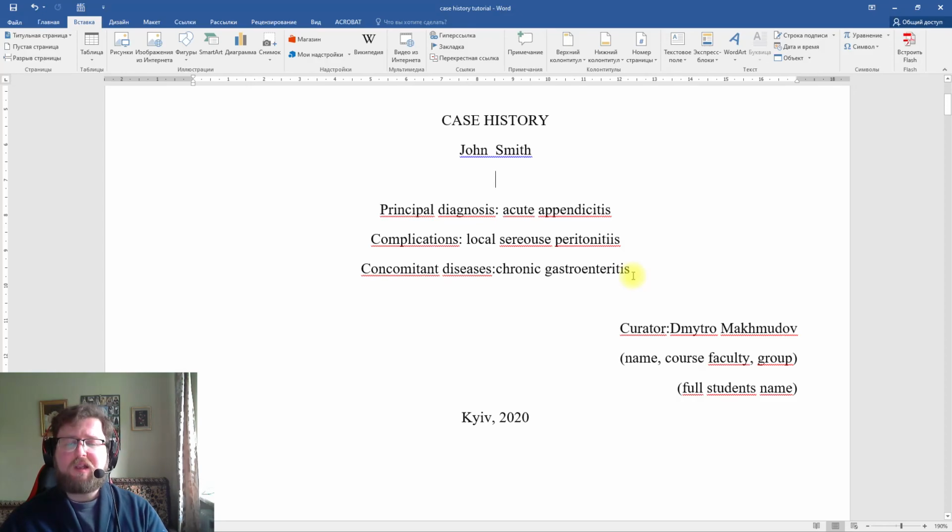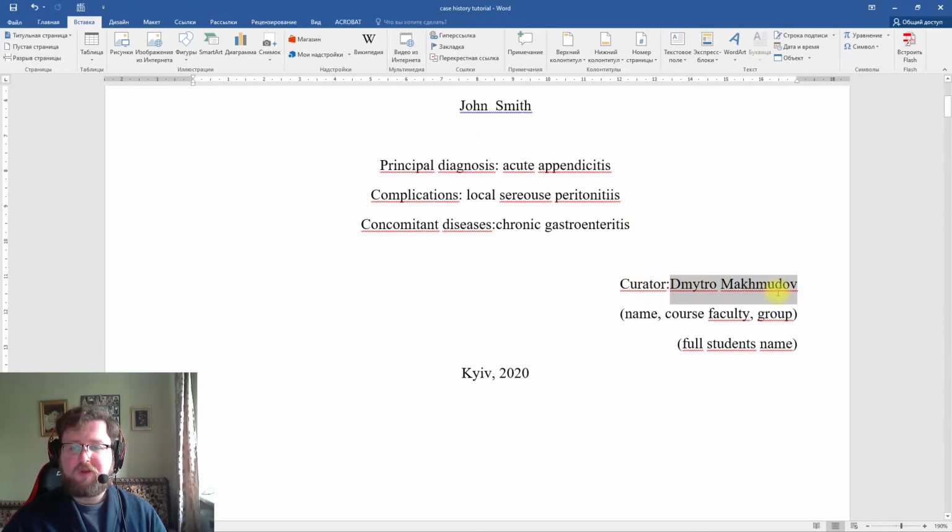You can leave this field because absolutely all adult patients who underwent gastroenteroscopy even once throughout their lives have chronic gastroenteritis. So the curator field, which is situated in the right bottom of the page, you write your own name, not my name, so you change it to your name because it's your case history which is going to be written.